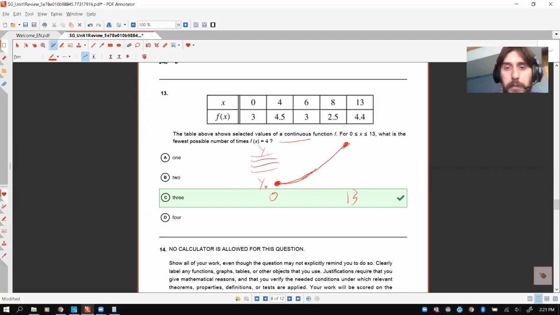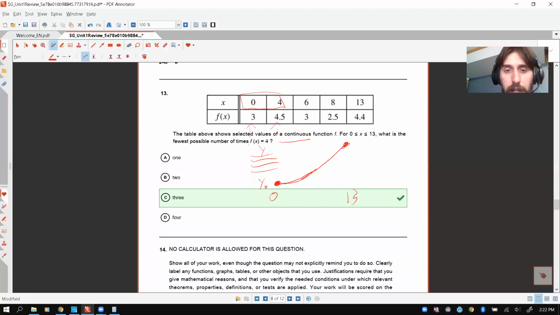So for example, between 0 and 4, I go from 3 to 4.5. So between 0 and 4, there must be a value where I would have 3.5 and 3.6 and 3.7 and 3.85. Every single number between 3 and 4.5 will have some x value that produces that output.